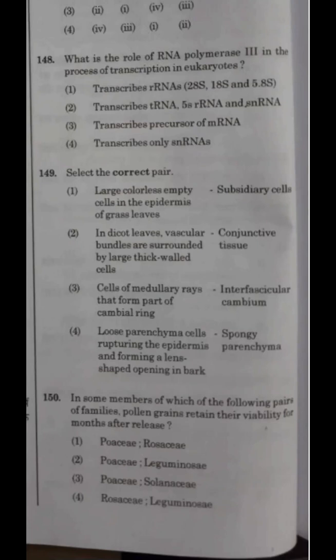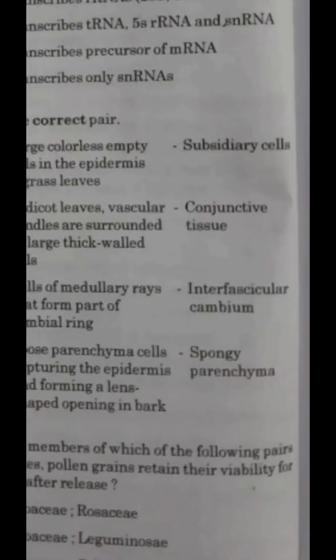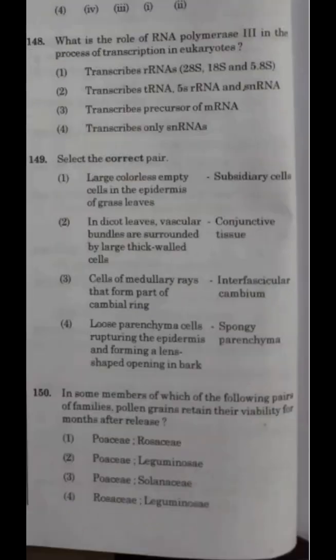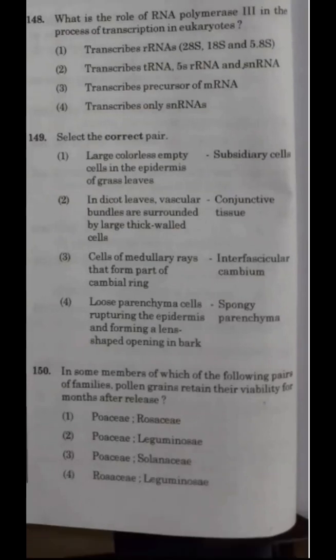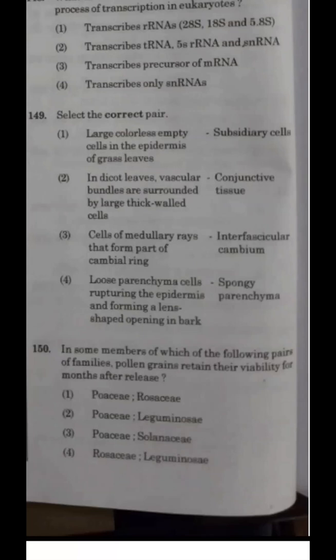In dicot leaves, vascular bundles are surrounded by large, thick-walled cells. They are not called conjunctive tissue. They are called bundle sheath cells. And cells of the medullary rays that form a part of the cambial ring are interfascicular cambium. This is correct. Loose parenchymatous cells rupturing the epidermis and forming a lens-shaped opening in it are called spongy? No, it is also wrong. So the correct option is option 3.